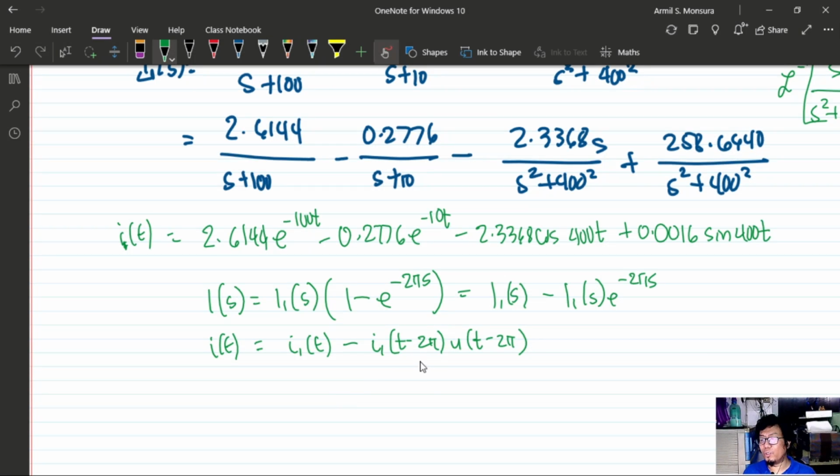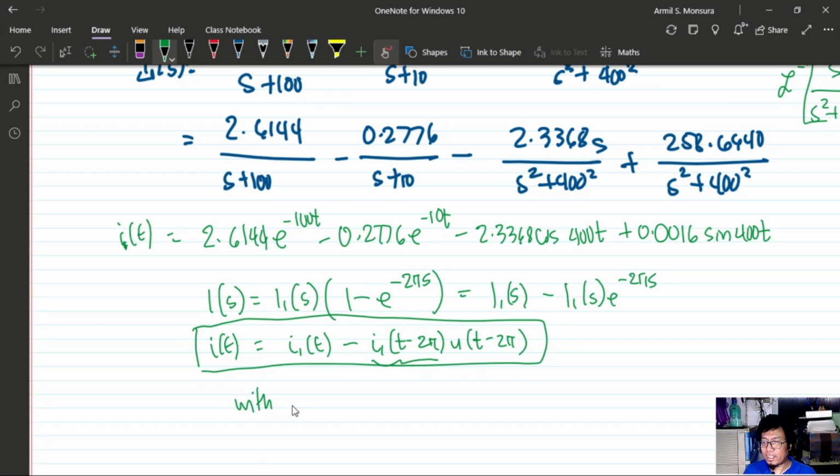You may want to apply this here, but it might take a quite complicated form, so we might just leave it as this one, with I1 of t equal to this term, because it might complicate our equation further.